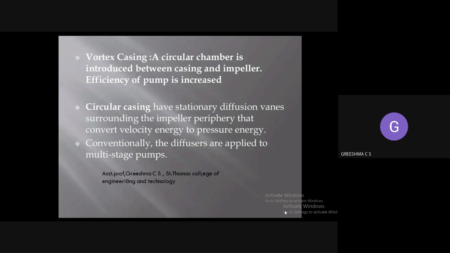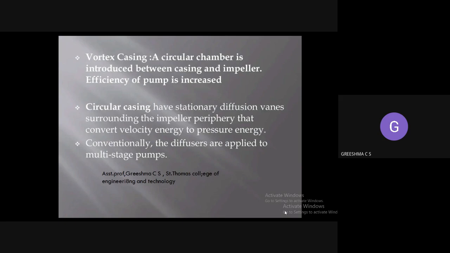This circular casing basically has a circular shape, and it is kept surrounding the impeller of the pump. You have seen the impeller, the blade-like thing, right? So the circular casing will be surrounding the periphery of this impeller.